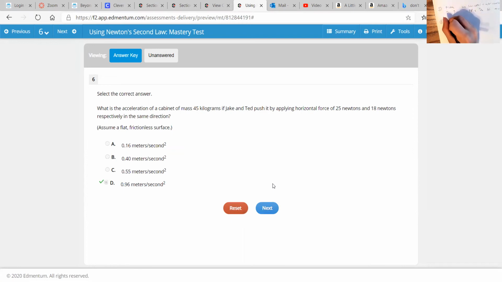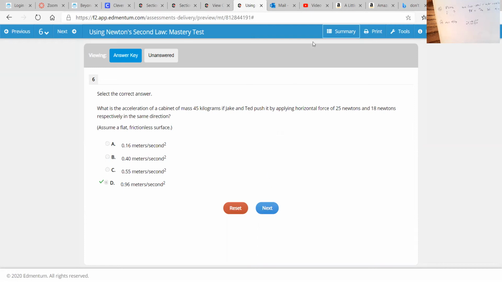So we're given M, 45 kilograms, and then Jake and Ted are pushing that 25 newtons and then 18 newtons in the same direction. And then we're asked, what is A?